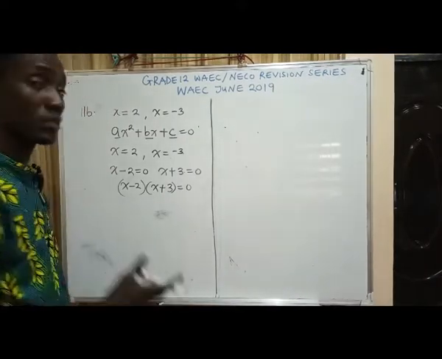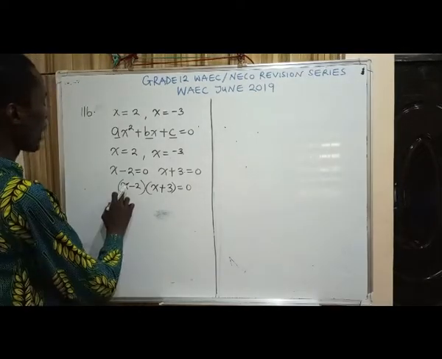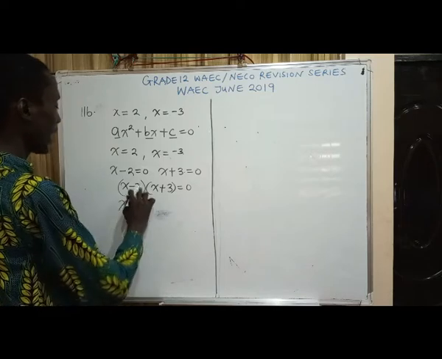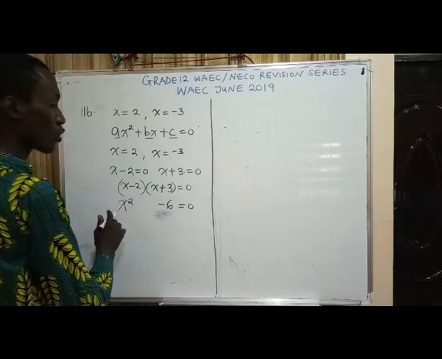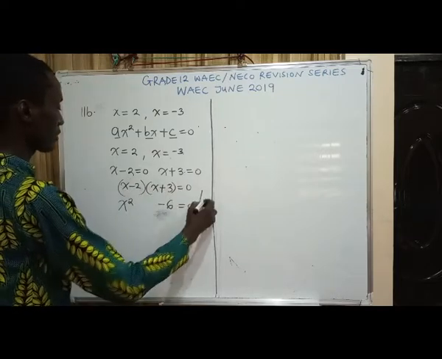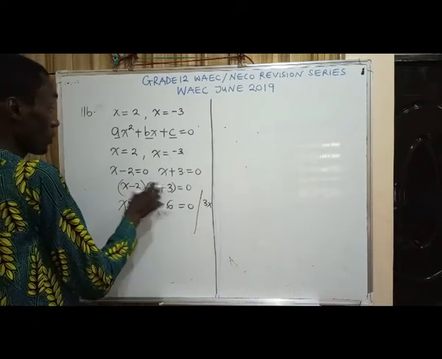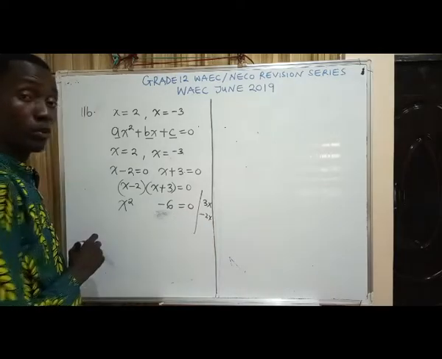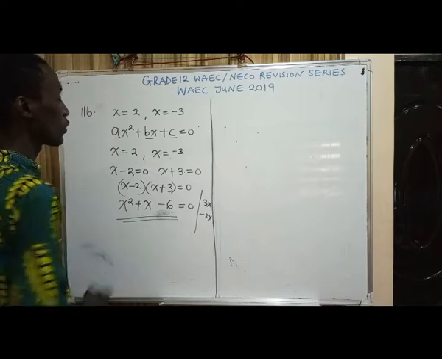You can see that a lot in my grade 9 videos, grade 10. By no-show method, out to out, that's first to first, x squared, last to last, minus 6 equal to 0. Cross, this will cross this, first to last, 3x, first, second, last year to first year, minus 2x. So 3x minus 2x will give you x. So that will be plus x. So this is the equation we are looking for.